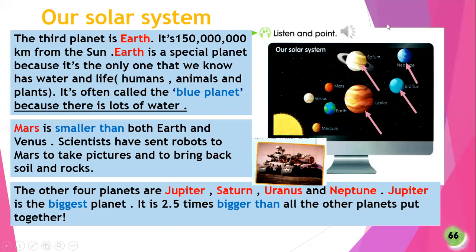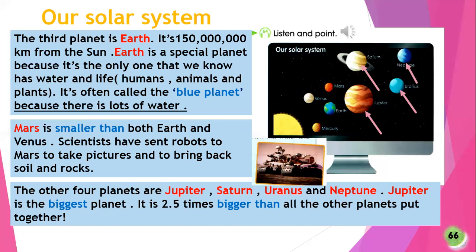The third planet is Earth. It is 150 million kilometers from the Sun. Earth is a special planet because it is the only one that we know has water and life, humans, animals, and plants. It is often called the blue planet because there is lots of water. Mars is smaller than both Earth and Venus.